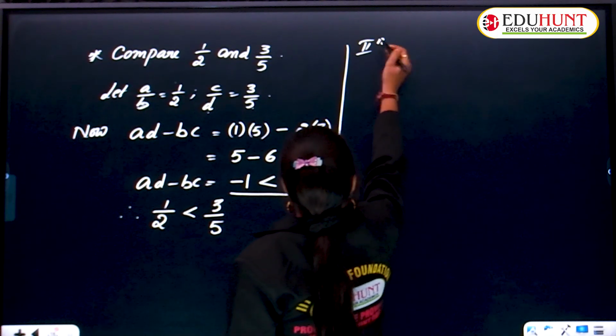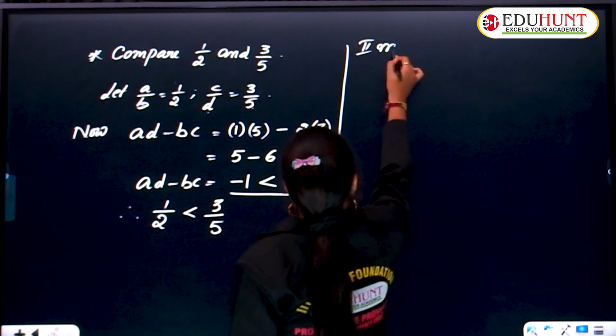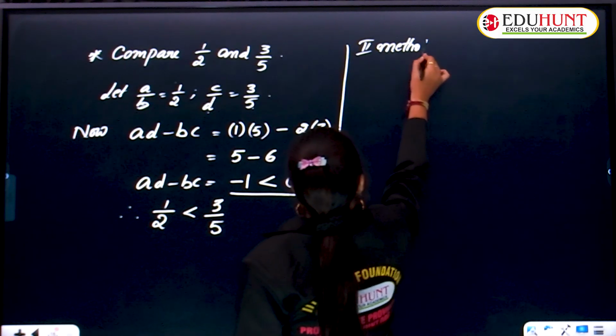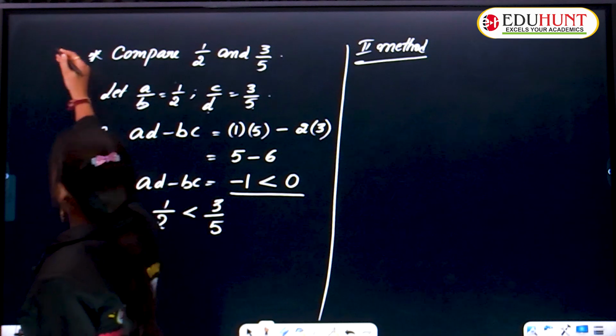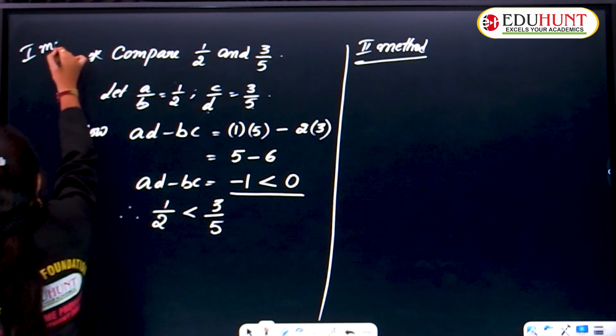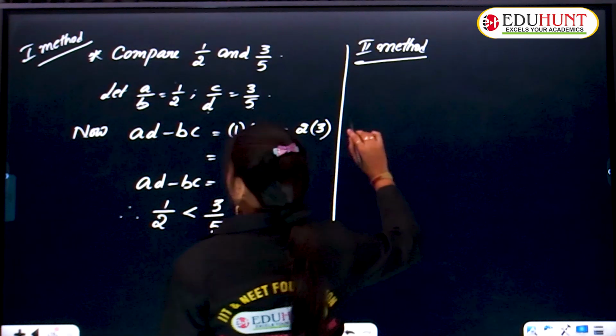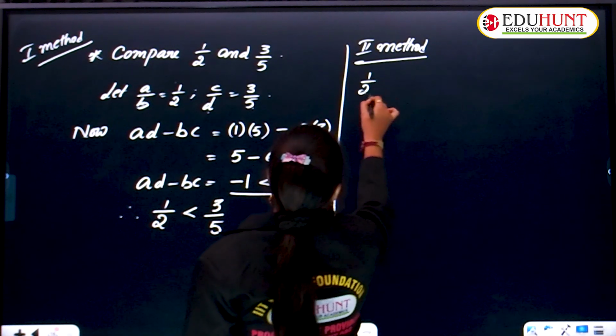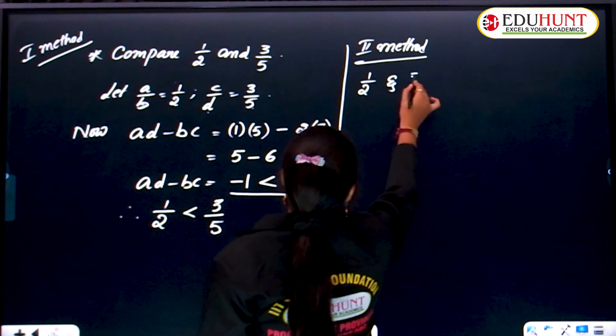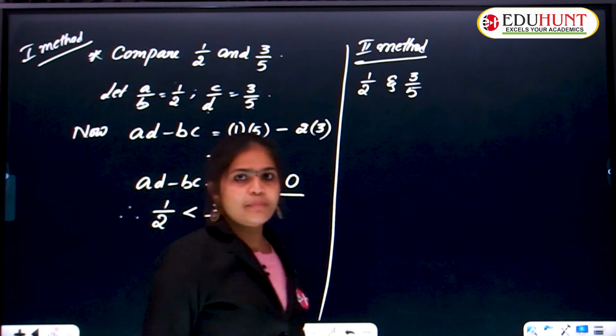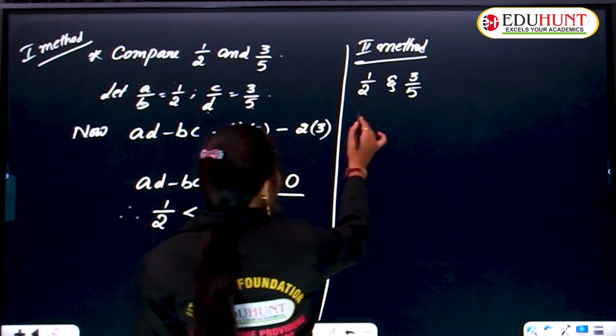This is the first method. And see here my second method. Here 1 by 2 and 3 by 5 are the given rational numbers. Now take the LCM of 2 and 5.